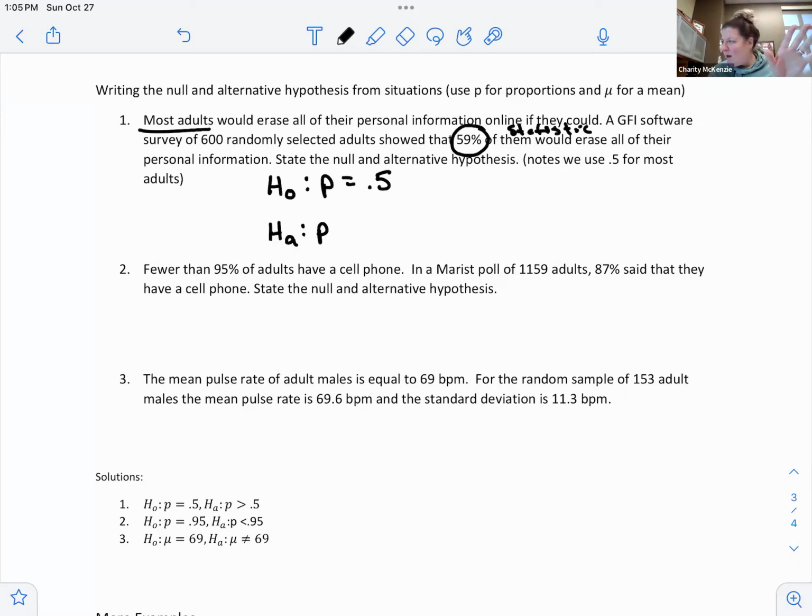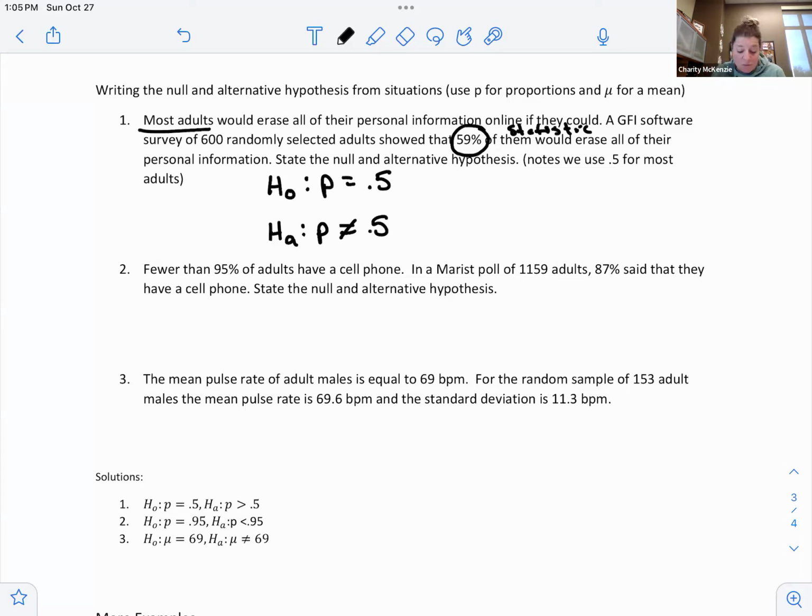I don't see any wording about greater than, no wording about less than. So what would we put on this one? We would put just not equal 0.5, because it's vague. It's not telling us greater.